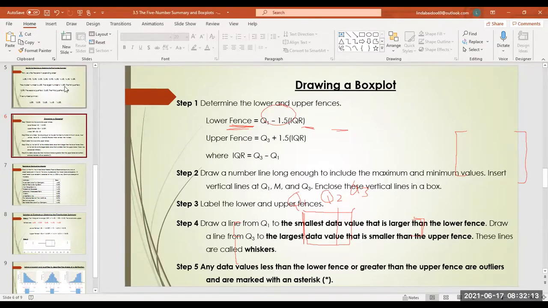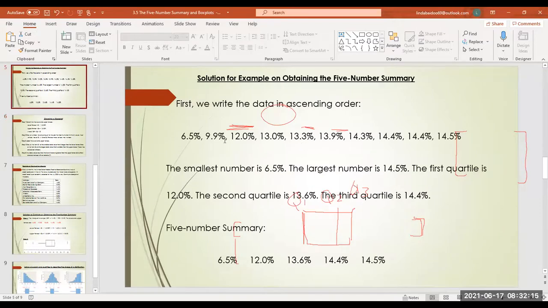So we are going to our original data values. We are looking for the smallest data value that is larger than our lower fence. Let me go back to our calculation.